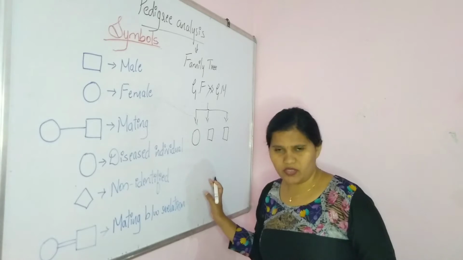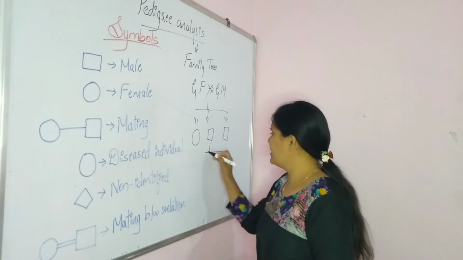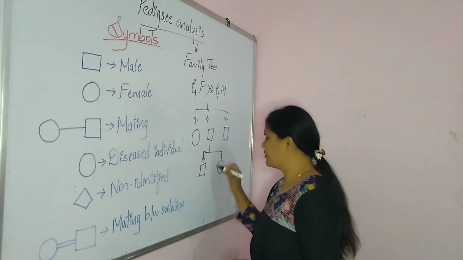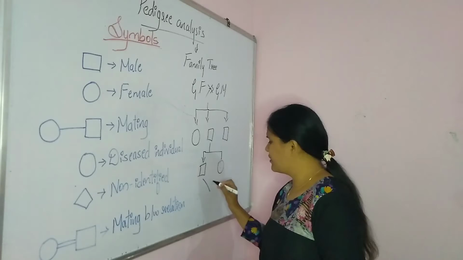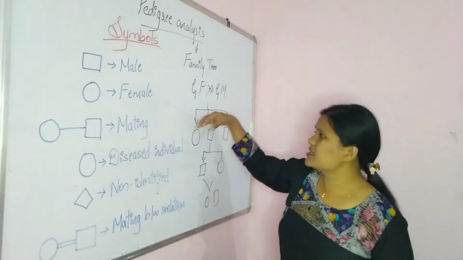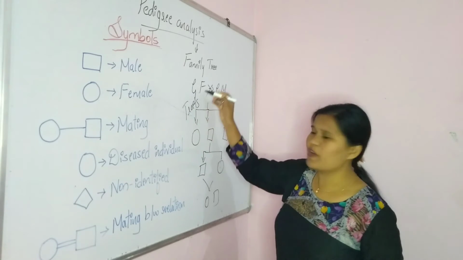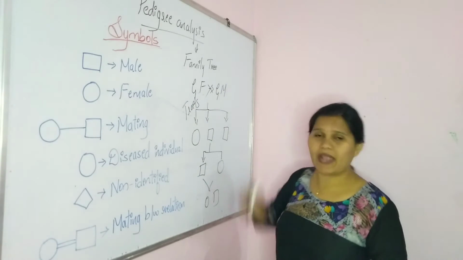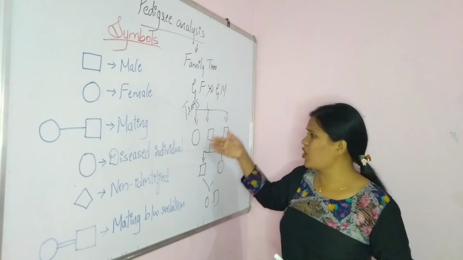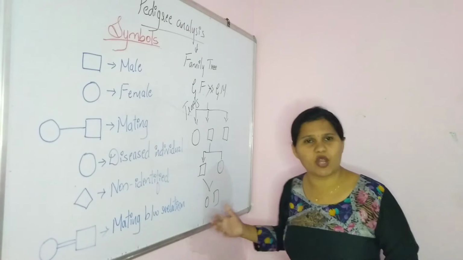If they produce a male, again he will get married to one more female and again they will produce male or female offspring, right? So some traits or characters which were present in the grandfather or grandmother will get transferred to his daughter or son, or the grandson or the granddaughter.